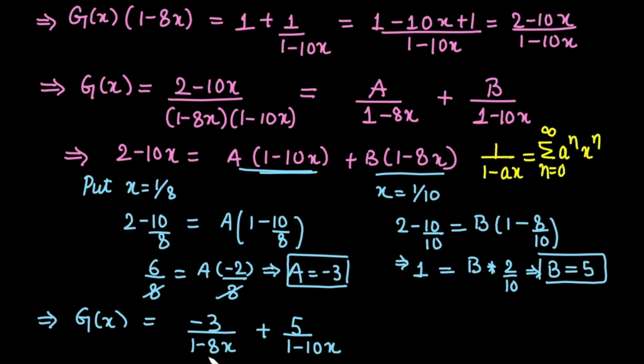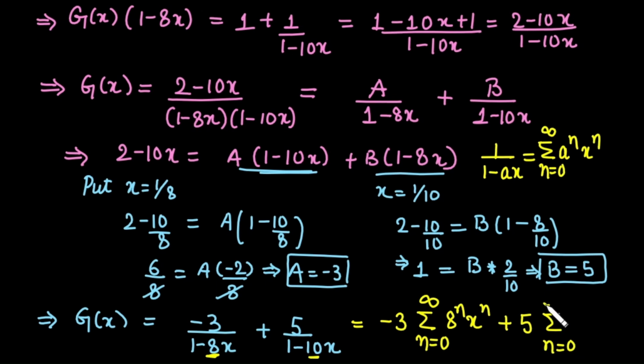So here we have the value of a as 8 and here 10. We can write minus 3 times summation n from 0 to infinity 8 raised to power n, x raised to power n plus 5 times summation n from 0 to infinity 10 raised to power n, x raised to power n.